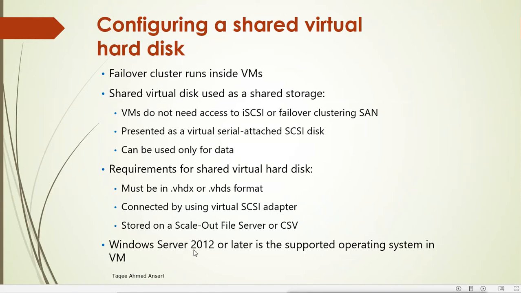Then Windows Server 2012 or later is the supported operating system in the VM. If you want to install the operating system in the virtual machine, it only supports Windows Server 2012 and all later versions like Windows Server 2012 R2 and Windows Server 2016. Before Windows Server 2012, it is not supported.